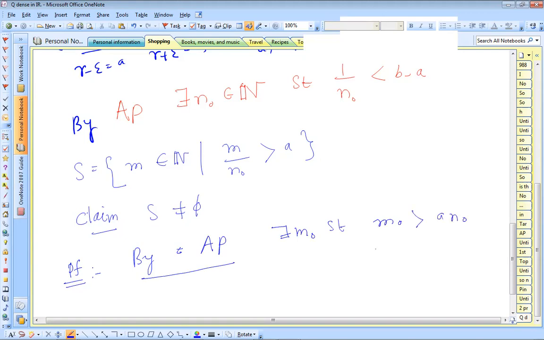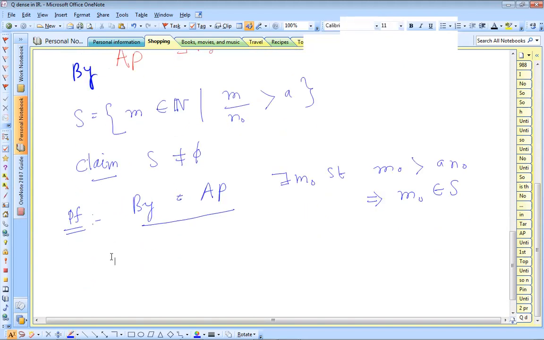This implies m naught is in S. As you can see here, the Archimedean property also plays a role. So now coming back to the main proof, we finally get that S is non-empty and S is a subset of the natural numbers.